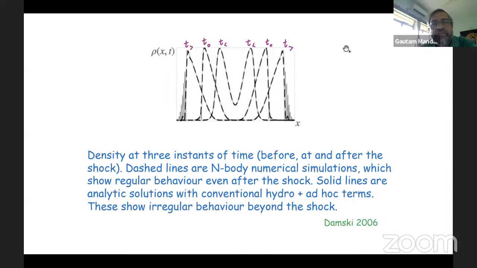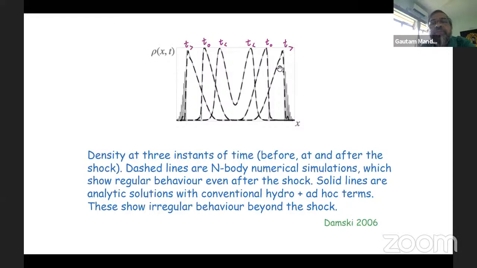So here's a particular graph. There's an initial profile, a double hill profile of the density like this. That is something I have called T less. Then I evolved this by the hydrodynamic method, with the correction term.